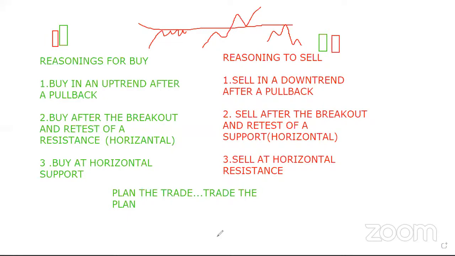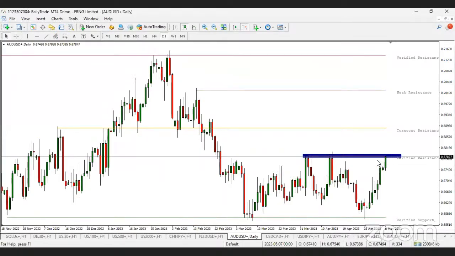So how do we approach this in line with our reasons to buy or sell? On the daily time frame, because price is already at horizontal resistance, we need to be careful with our buy. Our buy is almost too late right now. The first anticipation is to wait and see, wait for price action. If we have a bearish candle close below this resistance, we can then begin to anticipate a sell.